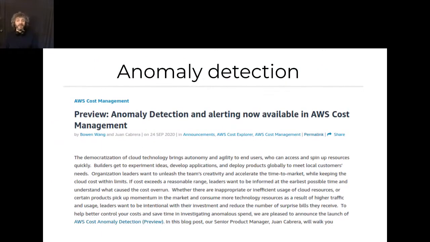A second tool that doesn't really help in reducing cost, but can help you in monitoring cost, is something quite new from a few months ago. Please go and enable it: anomaly detection. It was announced in preview last September and is now generally available. It's free. It uses machine learning to trigger on any significant change, and you can put some threshold on your deployment if you want. It triggers if cost spikes up, not if costs go down.